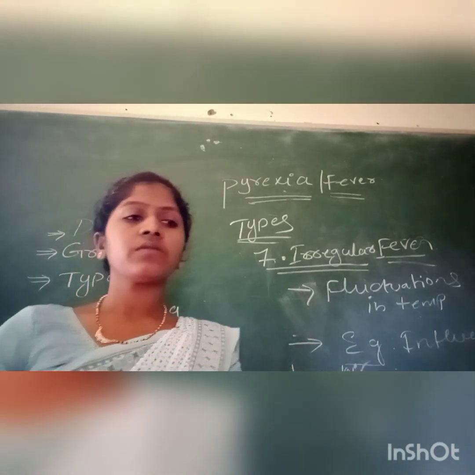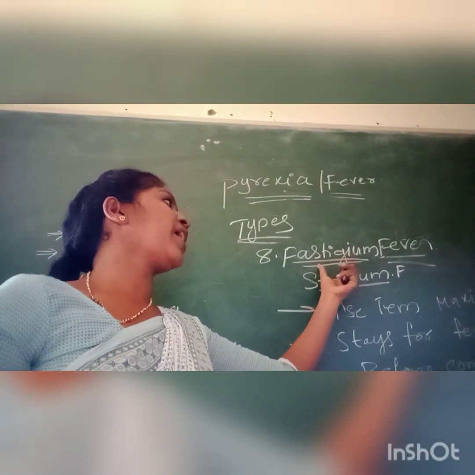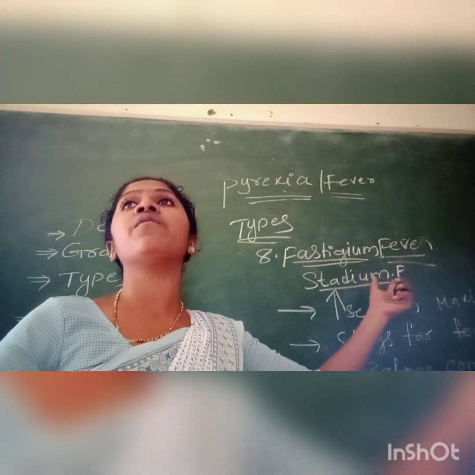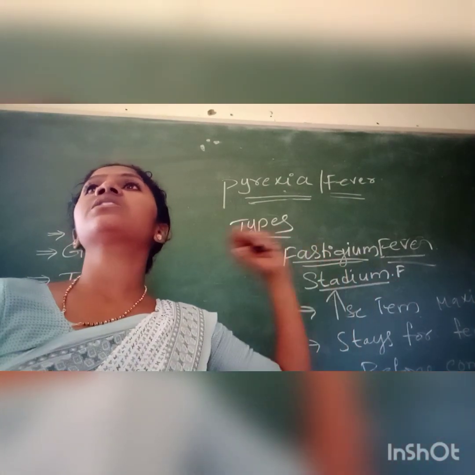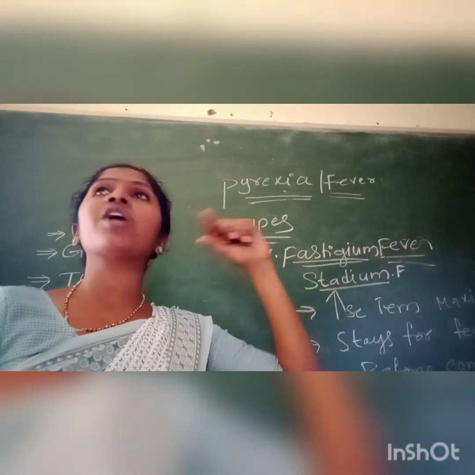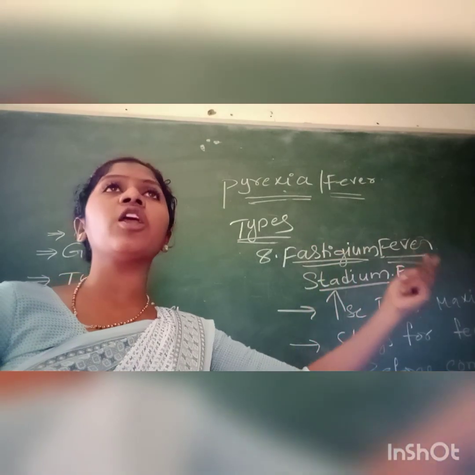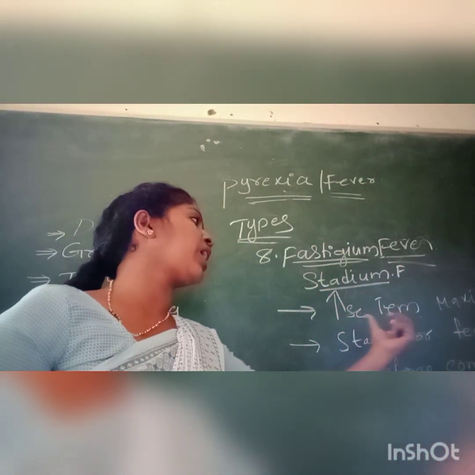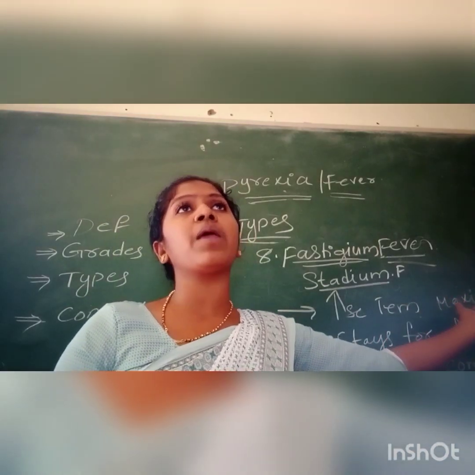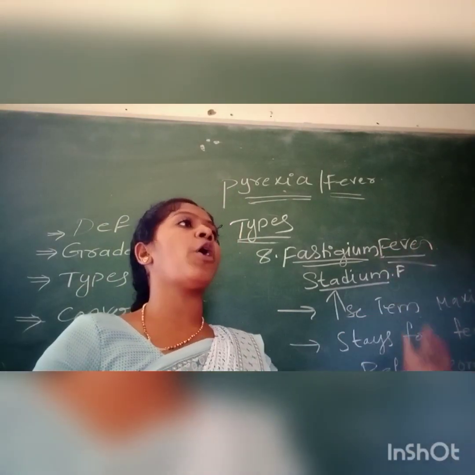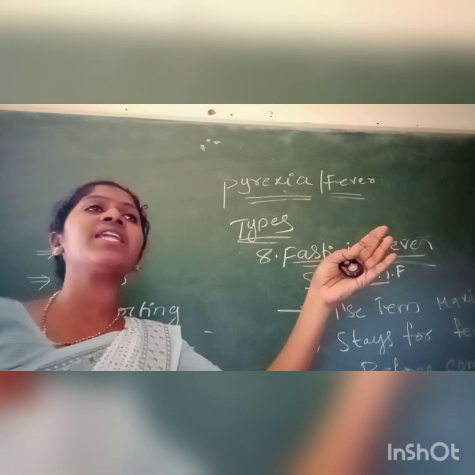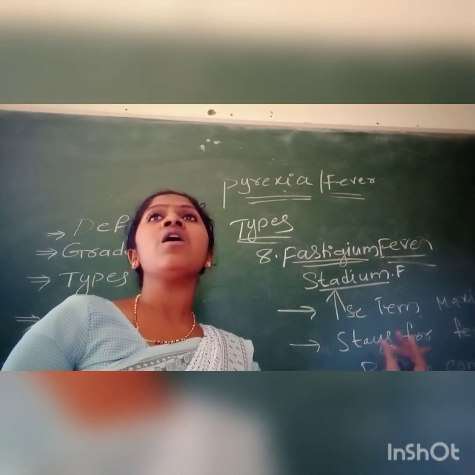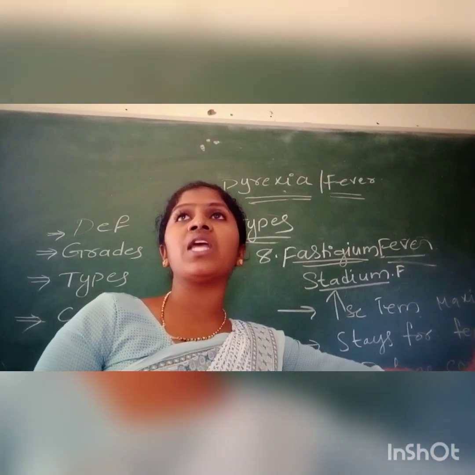Right? Next one is stadium fever, fastigium fever or stadium fever. Stadium means steady. There are no fluctuations like in irregular fever. Body temperature rises to the maximum level, maybe 106 degrees Fahrenheit, and it stays at the maximum level before it reaches the normal body temperature.